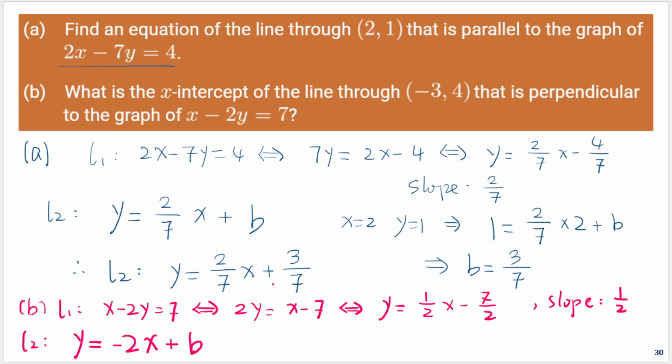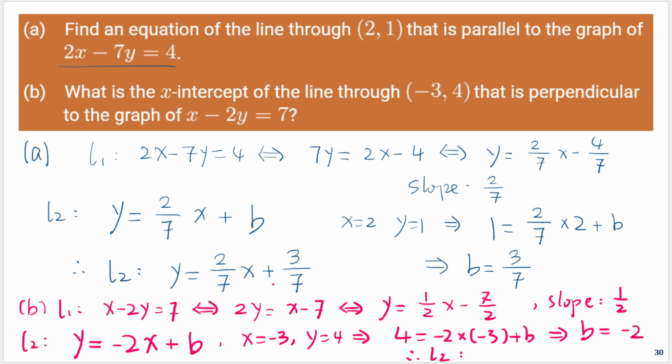And we know that line passes through (-3, 4). That means when x equals -3, y equals 4. And this tells us that 4 equals -2 times -3 plus b. Of course, we can solve: b equals -2, right? Therefore, we know line L2 has the equation y equals -2x minus 2. You get it?